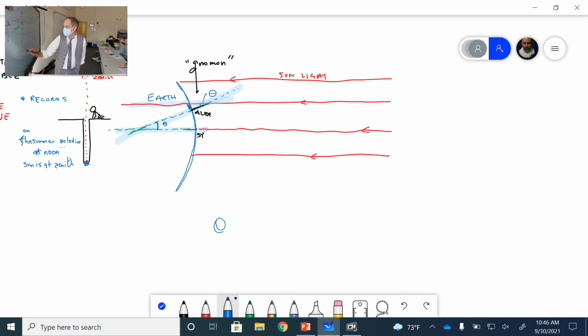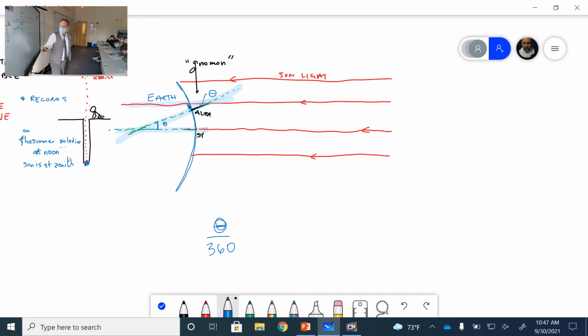So I'm going to say theta divided by 360 degrees. This is how much of a circle is there between Syene and Alexandria. It's the portion of a circle, right? If the theta were 36 degrees, that would tell us, oh, from here to here is a tenth of the way around the circle.